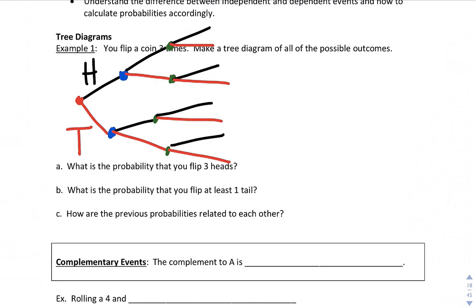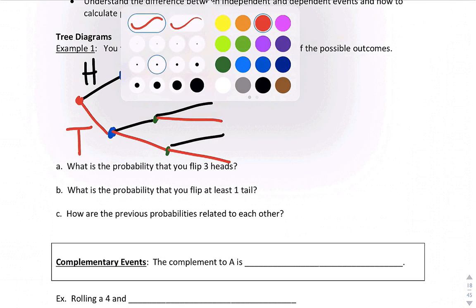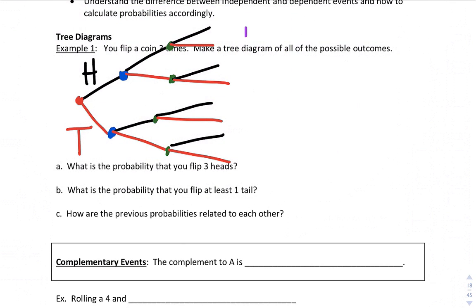Looking at our colors here, so purple, 3 blacks, 3 heads. We got a heads, a tails, and a heads. We have a heads, a tails, a tails. And we have heads, tails, heads, heads, heads. Oh, I forgot.